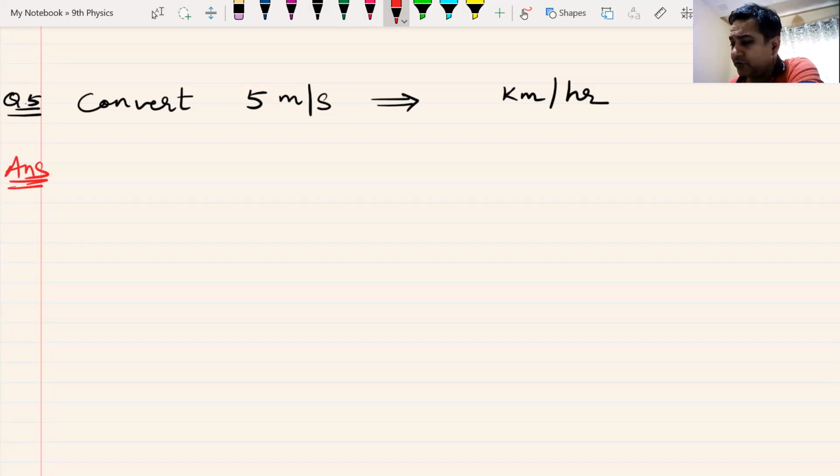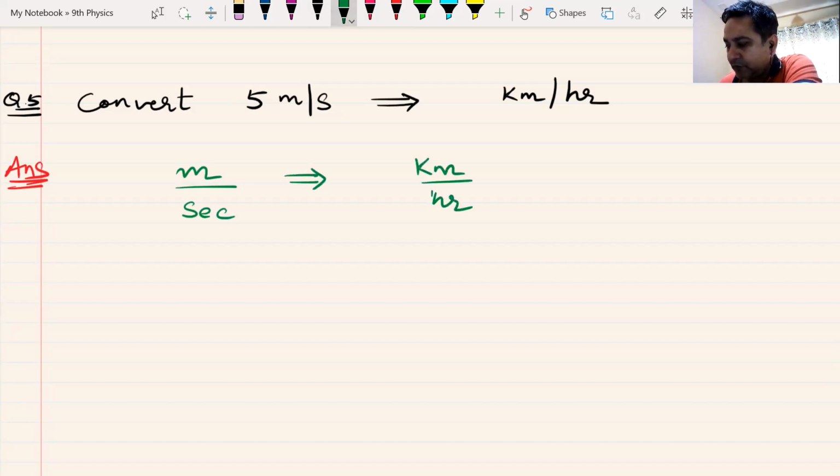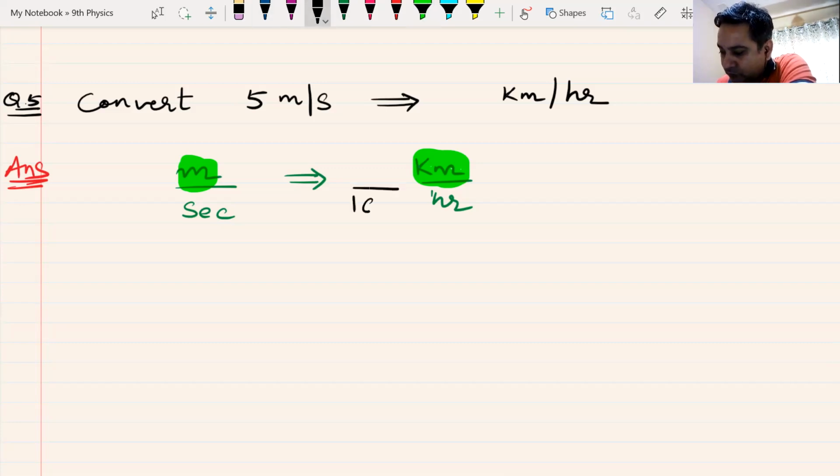Okay, I'll just give you a brief on converting meter per second into kilometer per hour. What you got to do here is convert meter into kilometer. To convert meter into kilometer, what do you do? Divide it by 1,000.